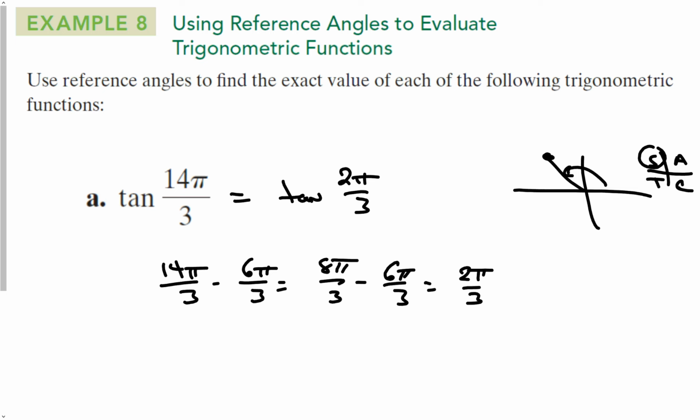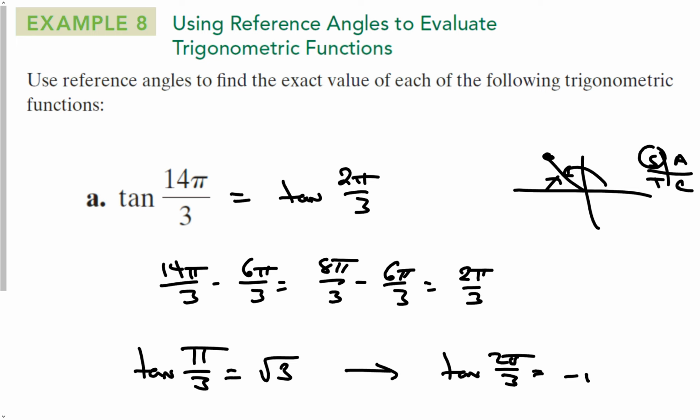Now I just need to know the reference angle, which would be pi over 3. The tangent of pi over 3, again something that you should kind of know, is radical 3, which makes the tangent of 2 pi over 3 a negative radical 3.